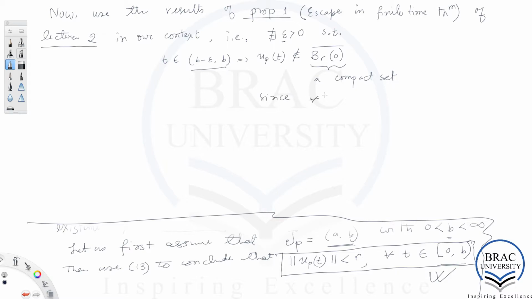Since for all T in this half open interval, UP of T is in this compact set, we will not be able to find such an epsilon. So what does that mean? It contradicts the result of proposition 1 of lecture 2, the escape in finite time theorem.